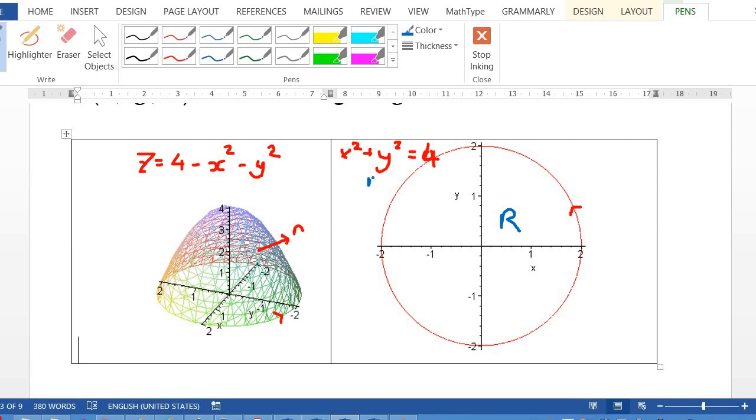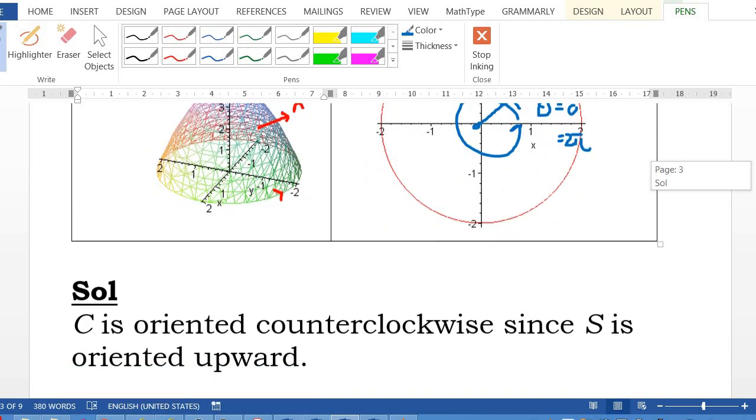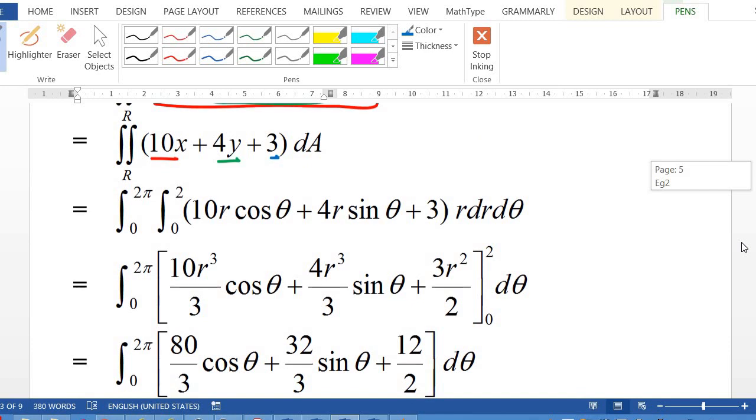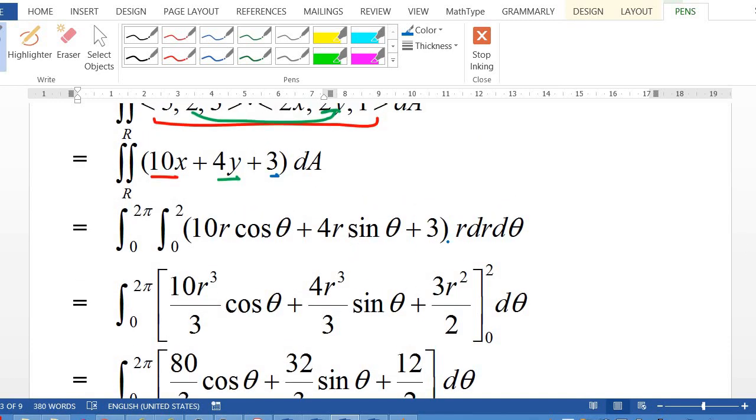So r is from the origin 0 until 2, and theta is a full circle, 0 until 2π.